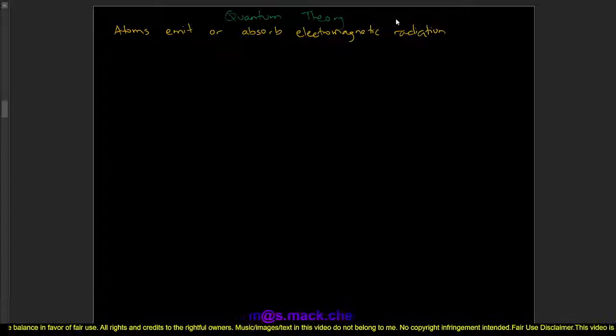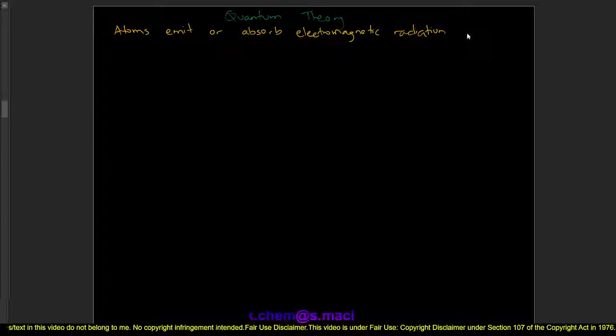right? This electromagnetic radiation could be anything from any one of the ranges, visible, ultraviolet, whatever, right? Or it can even be some sort of thermal or heat energy applied, where that frequency of heat energy can fall within the electromagnetic spectrum, right?